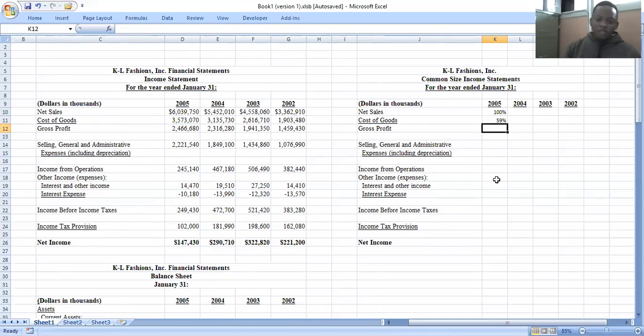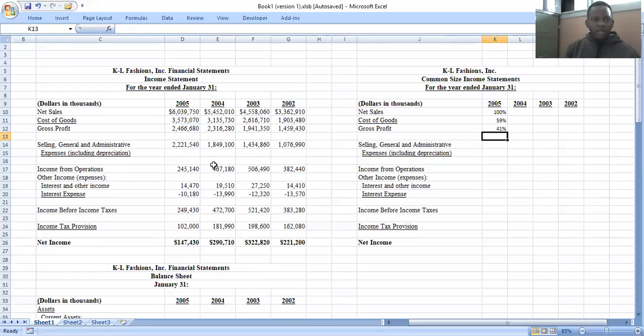And then the common size ratio for gross profit will be the gross profit divided by net sales. That is 2.46 million divided by 6 million, which gives us 41%. So 41% is the common size ratio of gross profit for the year 2005.